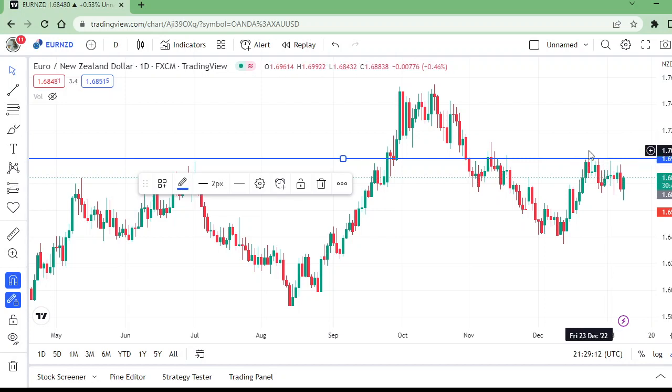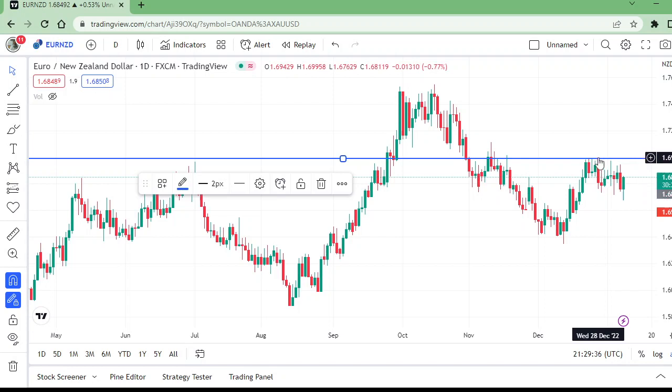Now this is the second sign, the second identification of rejection. After here, how many days did it remain here? 1, 2, 3, 4 and 5 days, and then came down.